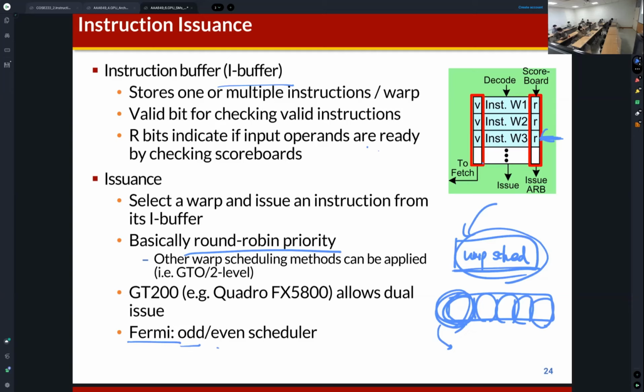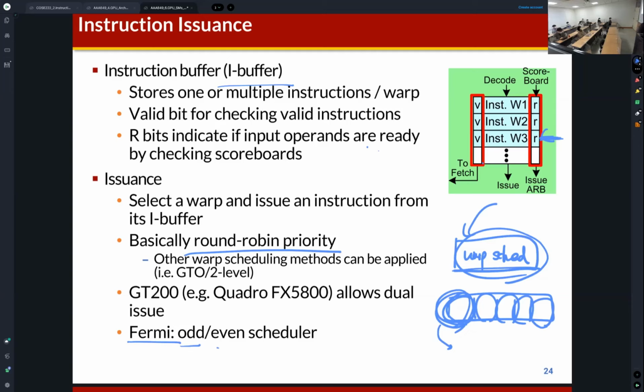So sometimes the researchers also focus on the warp scheduling algorithm. GPGPU-Sim supports three different algorithms, like round robin, then GTO, then the two-level algorithm.